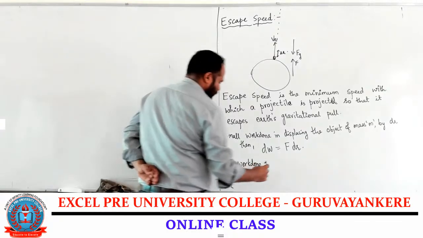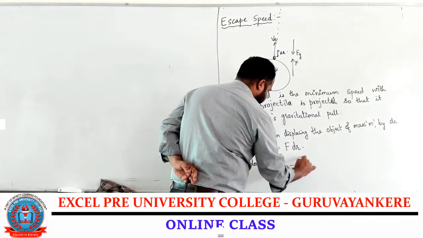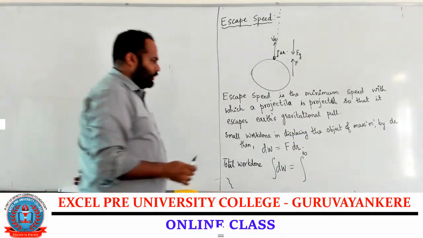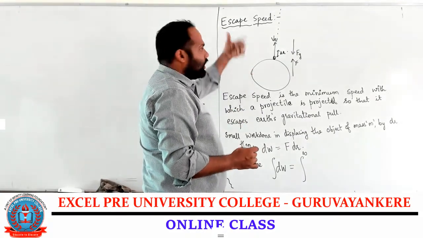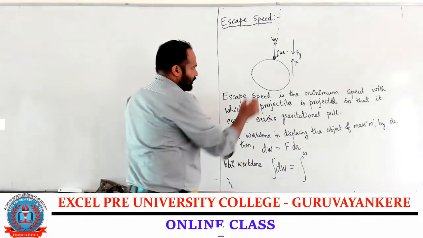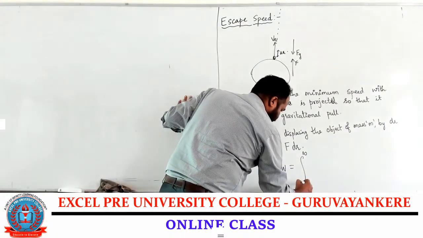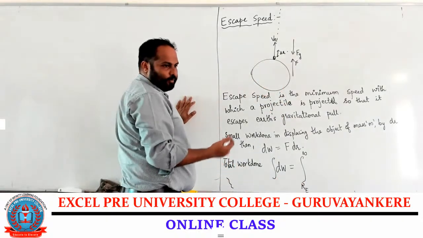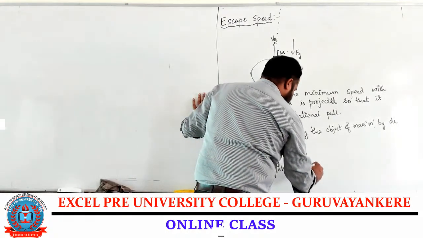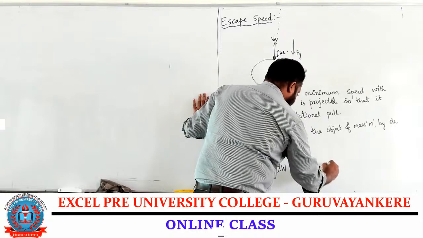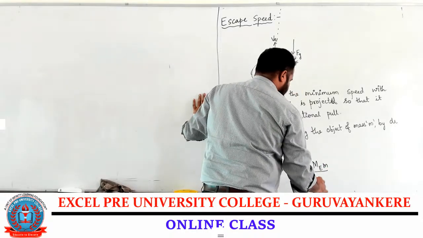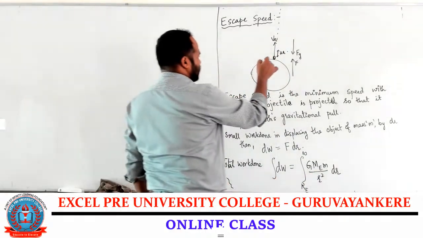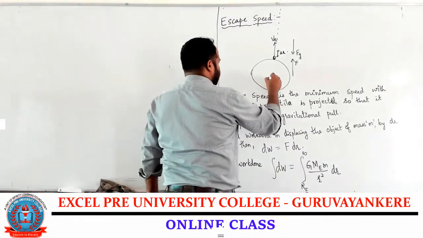So total work done will be the integration of dW, starting from RE, from the surface, to infinity. Only if you go to infinity does the potential energy become zero. Then you can at least get it out of Earth's gravitational influence. Suppose I do this, then it is G M m by R square dr. Suppose R is the distance from the center to the object.